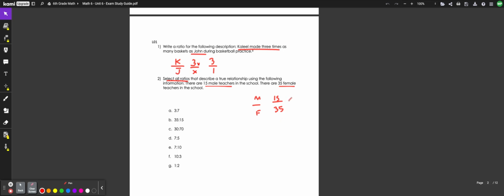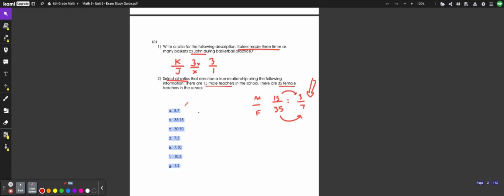If we simplify 15 over 35, divide this by 5, we'll get 3. Divide this by 5, we get 7. So we're looking to find all of the ratios that are equivalent to 3 over 7.